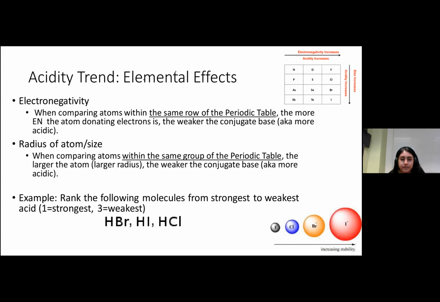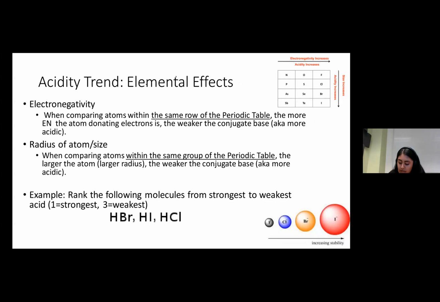Okay, so next we're going to talk about elemental effects and how they affect acidity. There are two types of elemental effects we're going to focus on: electronegativity, and the radius, or size, of the atom. Let's focus first on electronegativity.